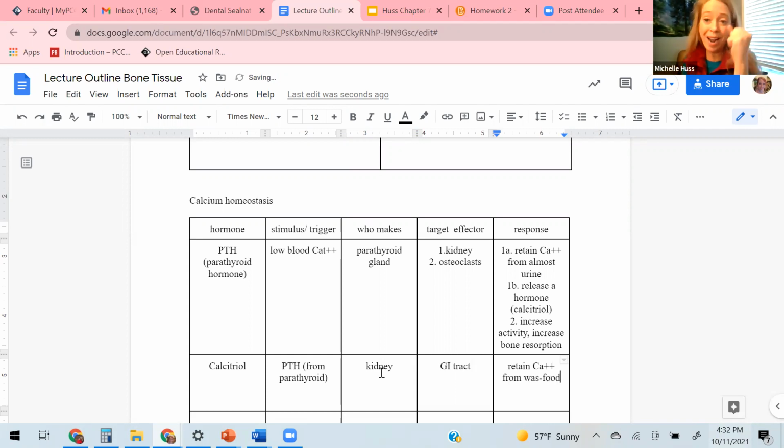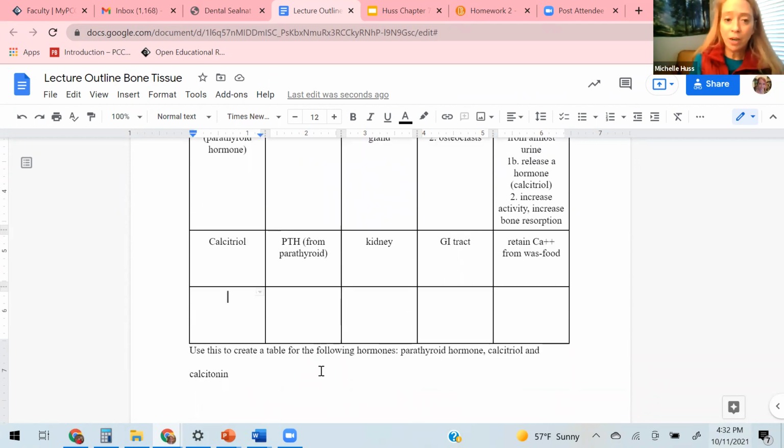So we're going to absorb more calcium than we would have normally. This is a negative feedback loop. I started with low blood calcium. Now I'm going to put more calcium in my blood from calcitriol, okay?